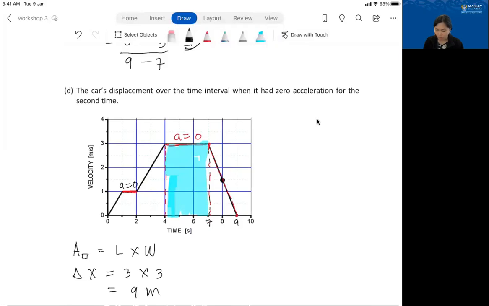That will give you 9 meters for the displacement. The area is above the horizontal axis, and therefore you have a positive displacement over that time interval. Over all the time intervals of the graph, it's above the x-axis, so you'll always have a positive displacement anyway.